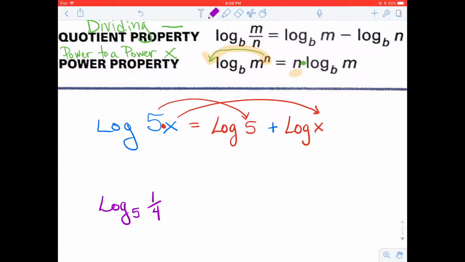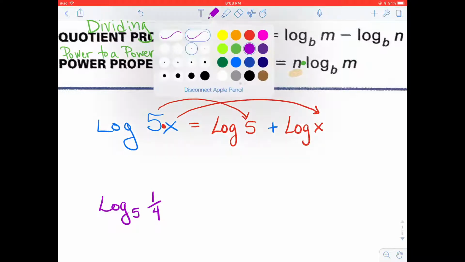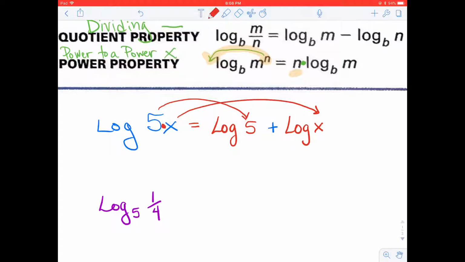And of course, that fraction bar is division. And when we see division in a log, we're going to subtract. So here we go, we're going to expand it.